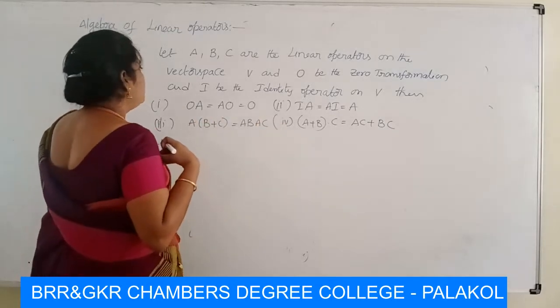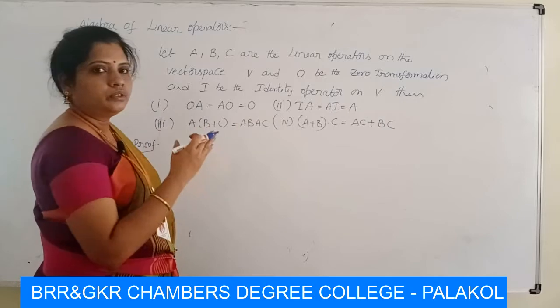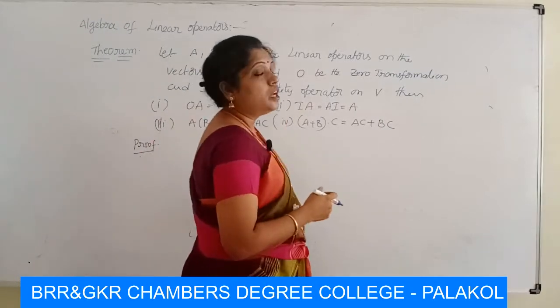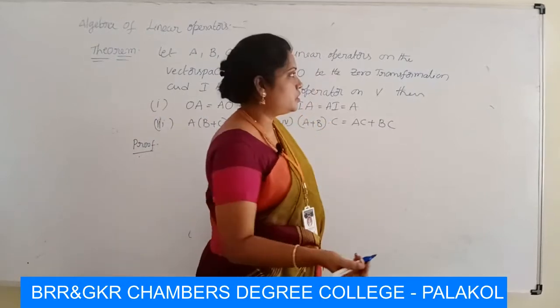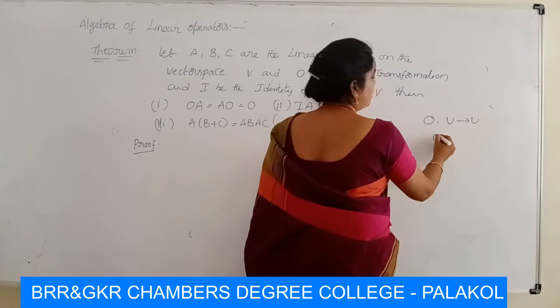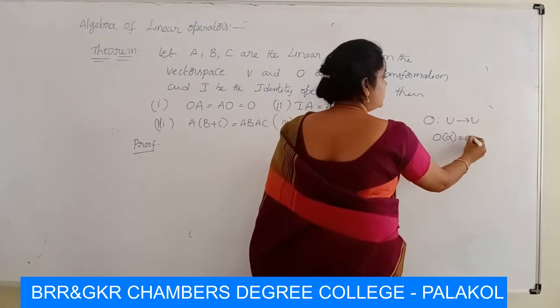First of all, OA is equal to AO equal to O. Here O is a zero transformation. By the definition of a zero transformation, O from V to V is defined by O of alpha equal to 0 bar.